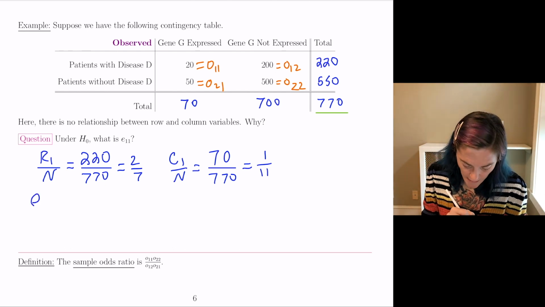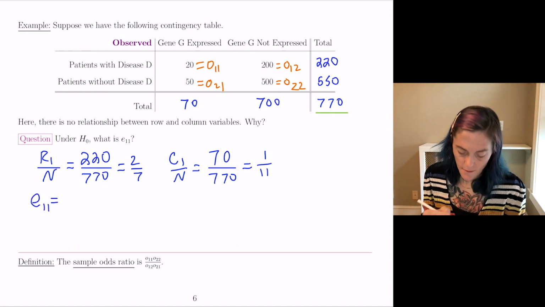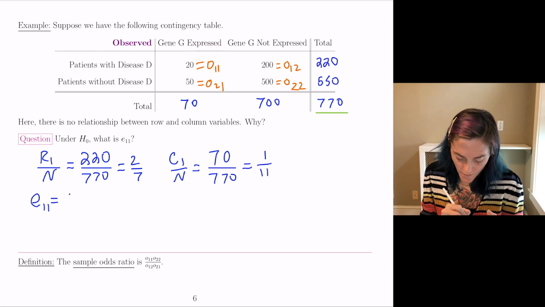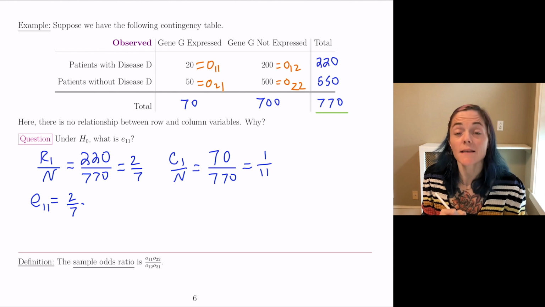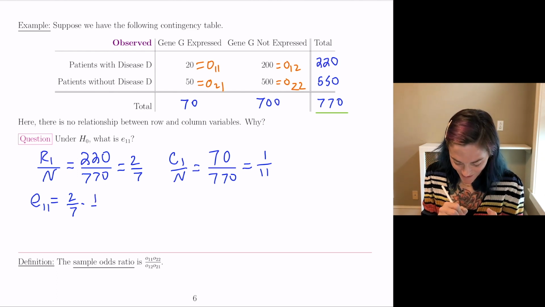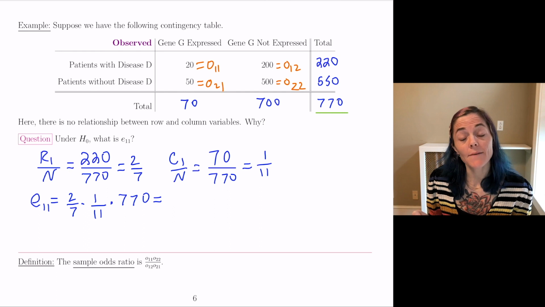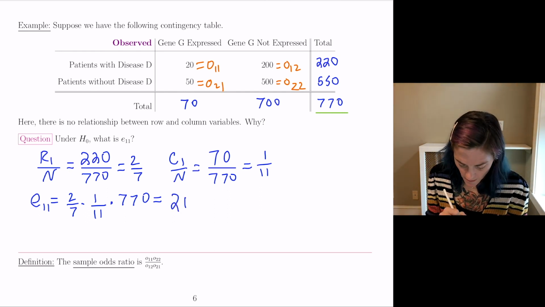So the expected count, which would go here, well, we take 2 over 7, this is under H0, times 1 over 11 times 770. Well, what do we get? 770 divided by 77 is 10 times 2. We have 20.